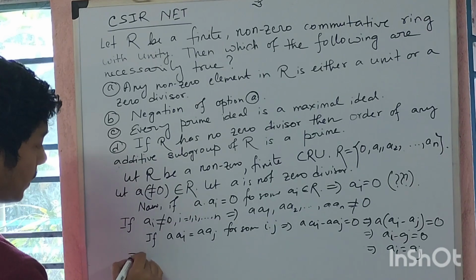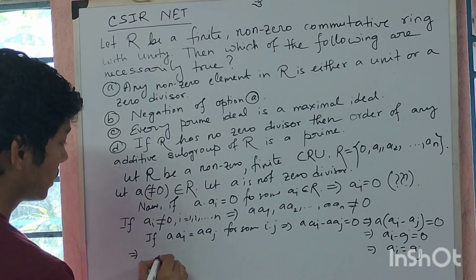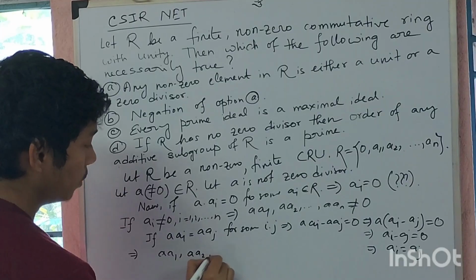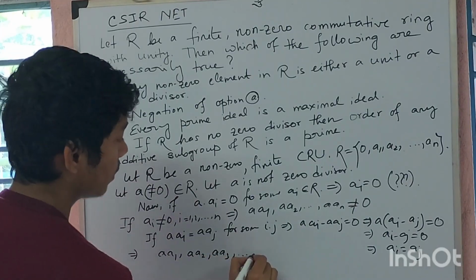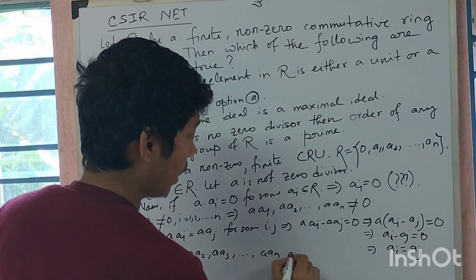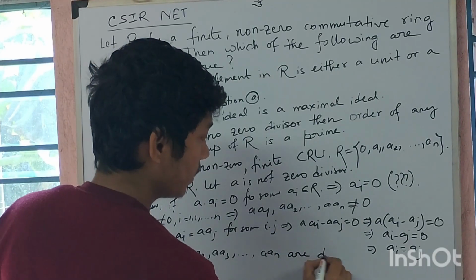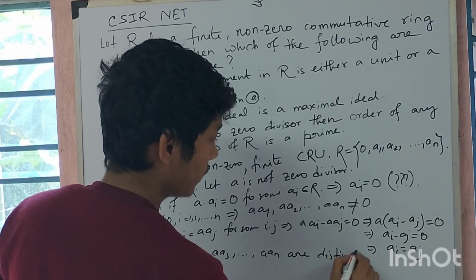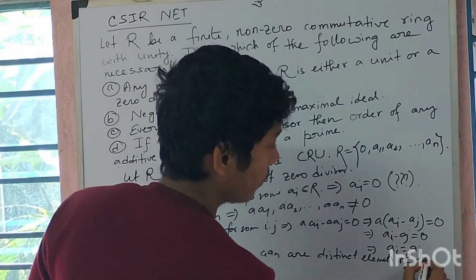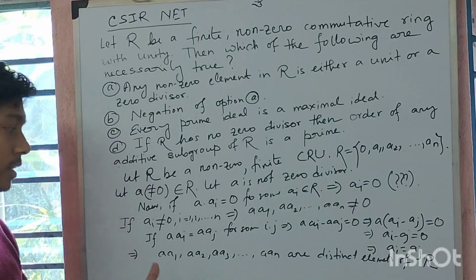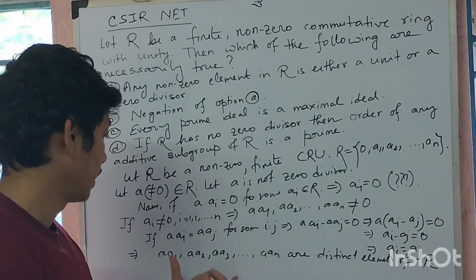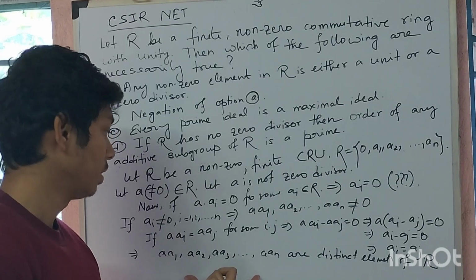This implies that a·a1, a·a2, a·a3, ..., a·an are distinct elements of R. So there are n distinct elements and none of them equals 0.